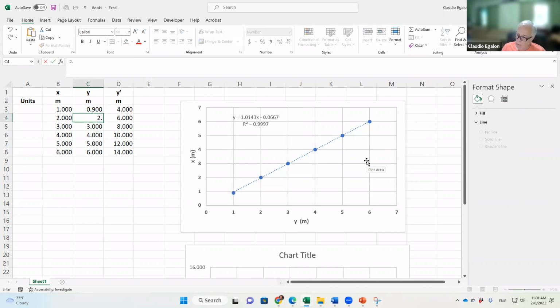Let's say you get 2.1. That's what you get for your measurements. You can even get 3.2, okay? And so on. Here's going to be 3.95.